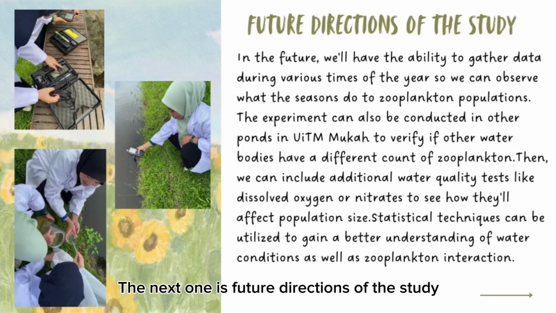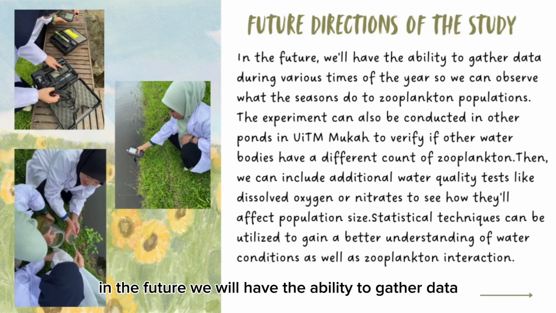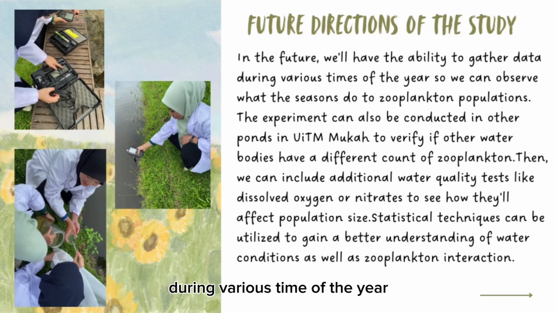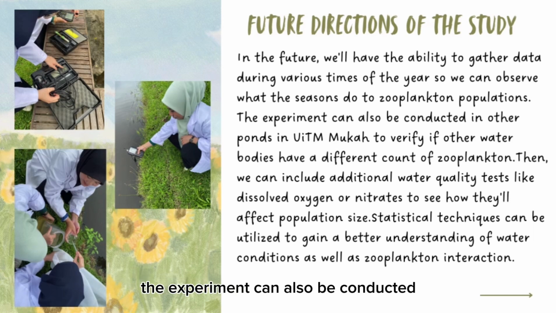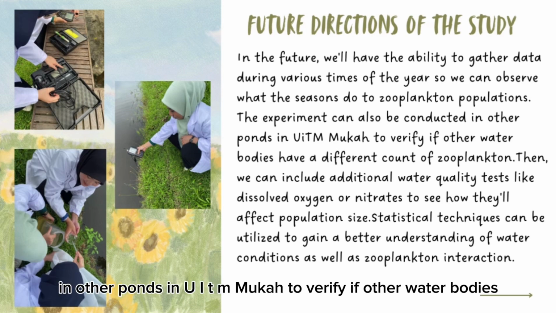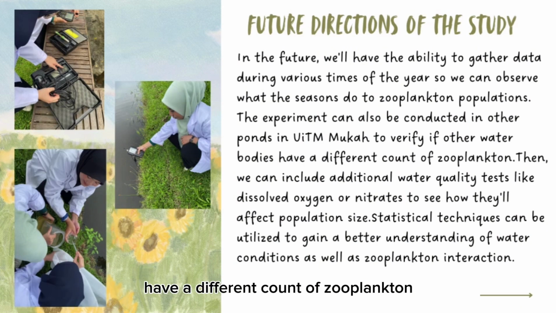The next one is the future direction of the study. In the future, we will have the ability to gather data during various times of the year so we can observe what the seasons do to the zooplankton population. The experiment can also be conducted in other ponds in UiTM Mukah to verify if other water bodies have a different count of zooplankton.